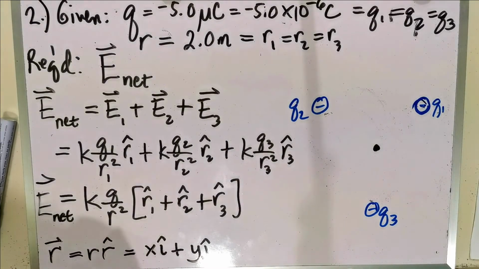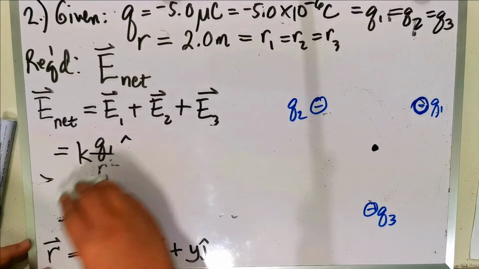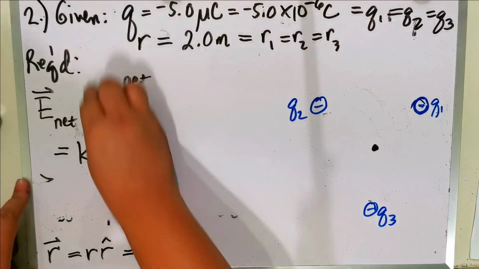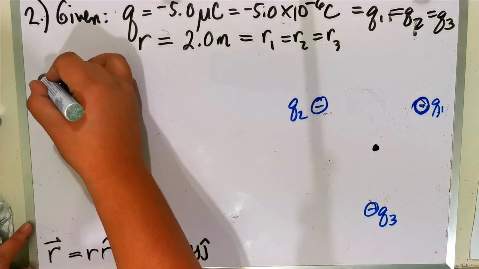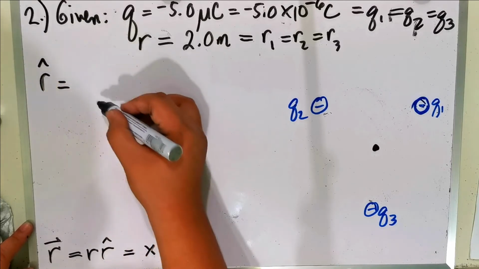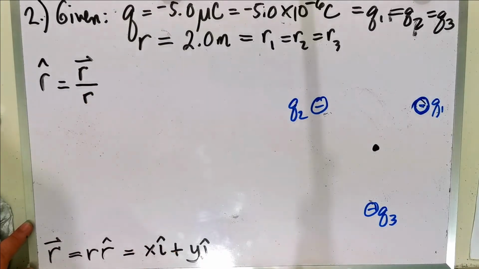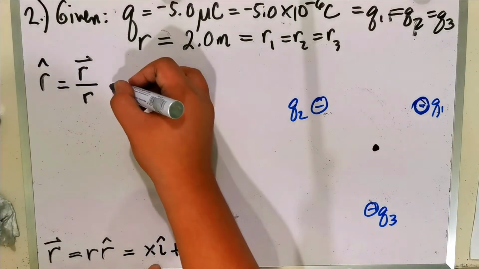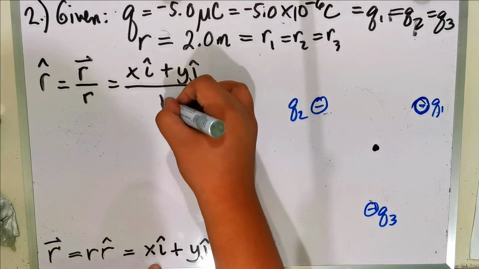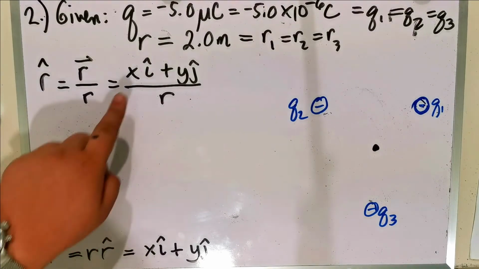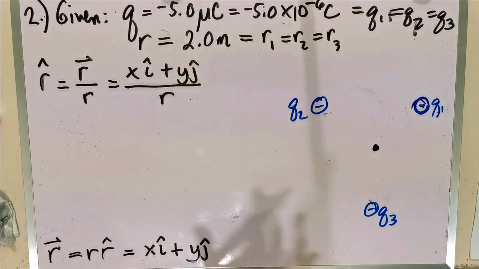Using this idea of the vector R and the unit vector R hat, the general equation for R hat is R hat equal to the R vector over the magnitude R, where the R vector is x I hat plus y J hat, over R. Your x and y matter depending on your position or quadrant location.